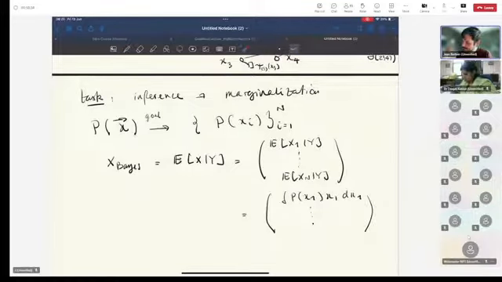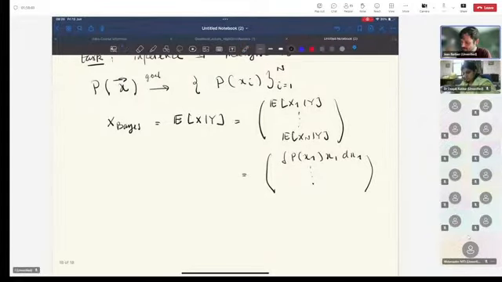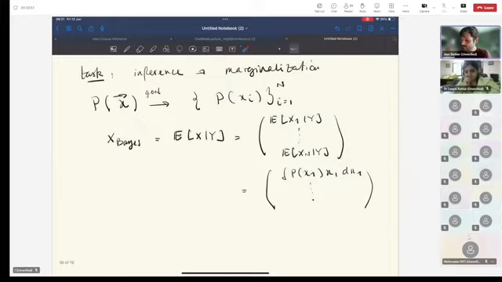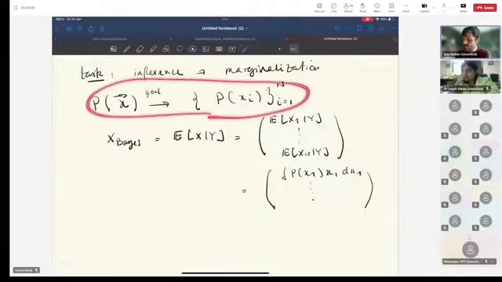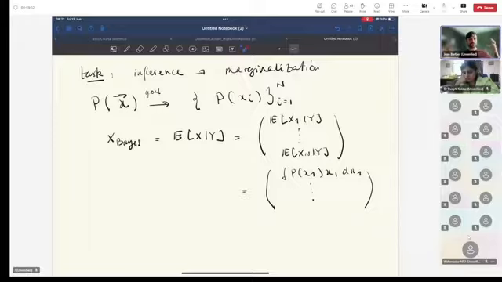So if I have access to the marginals, I can compute Bayesian estimators, and I can also compute the MAP estimator, the maximum a posteriori. I can maximize the marginal for every component, and so on and so forth. So I can make decisions which can be optimal. This is really the goal: to go from the joint distribution to the marginals in order to perform inference.